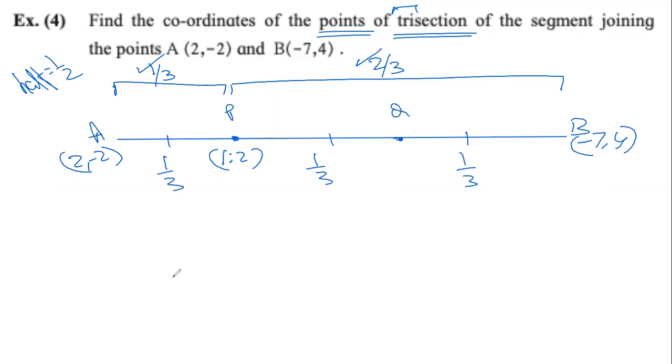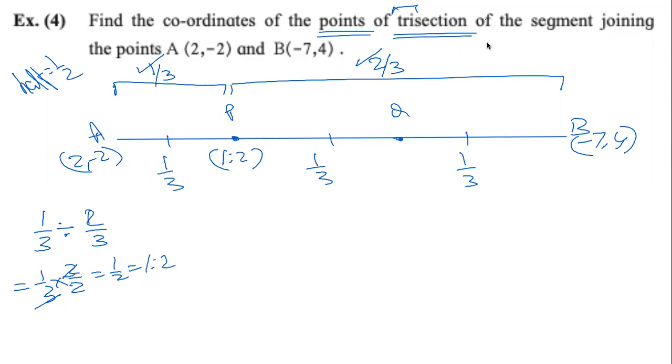How did I get this? I did a fraction division. 1 by 3 is one part, the other part is 2 by 3. Is the maths clear? Simple, right? So if we have to find the coordinates of P, we have x1, y1 as (2, -2).